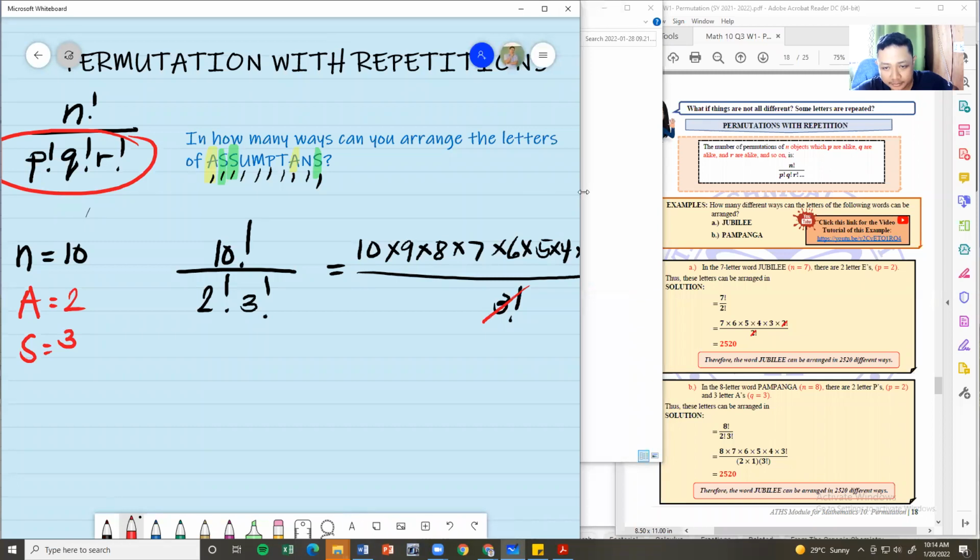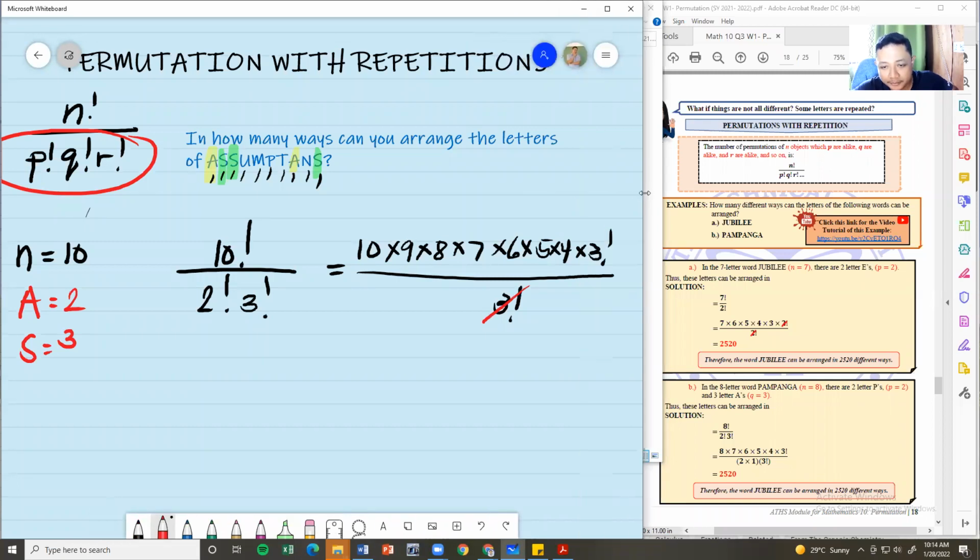And then the 2 factorial, I have no choice, I will expand it: 2 times 1. From here, I can simply cancel these numbers. The 10 becomes 5. So this is what I will be multiplying: 5 times 9 times 8 times 7 times 6 times 5 times 4.